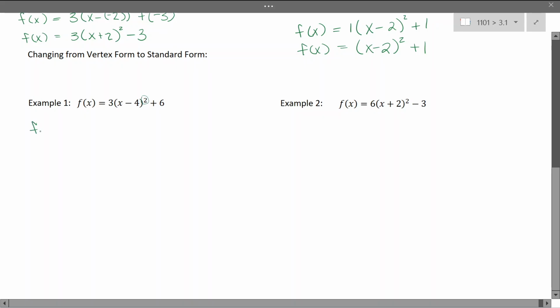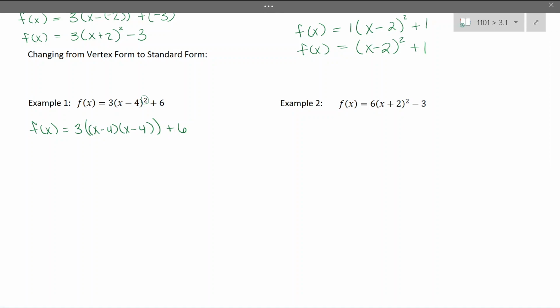So we're going to have f of x equals 3 times x minus 4 times x minus 4 plus 6. The reason I've written it this way is so that you can see where the terms are coming from.